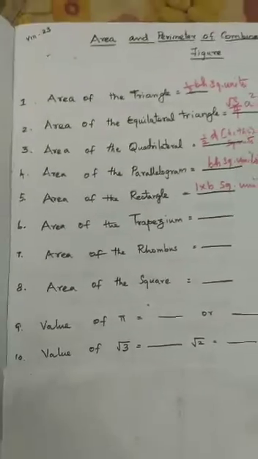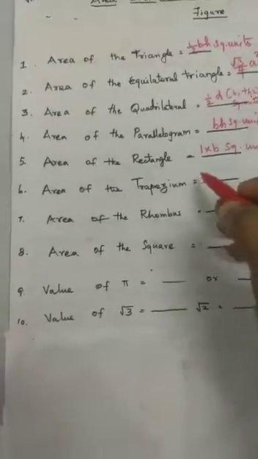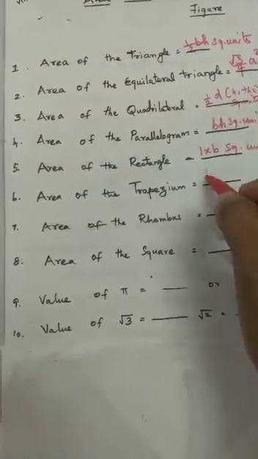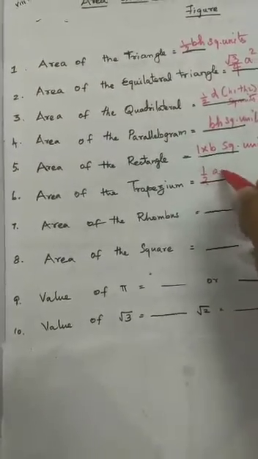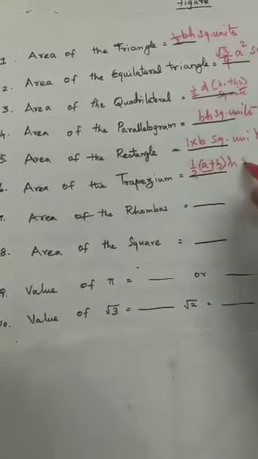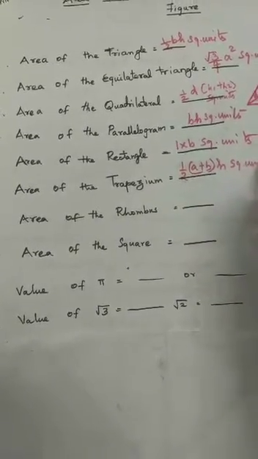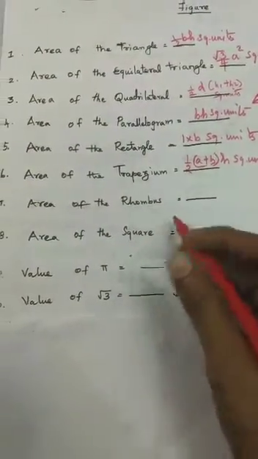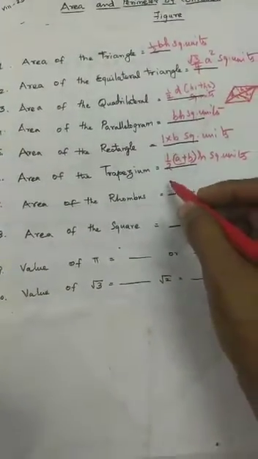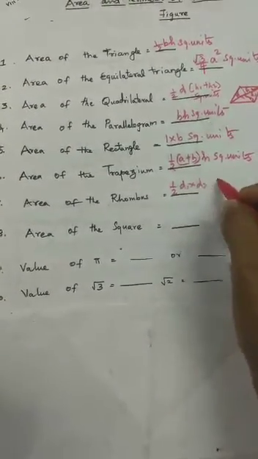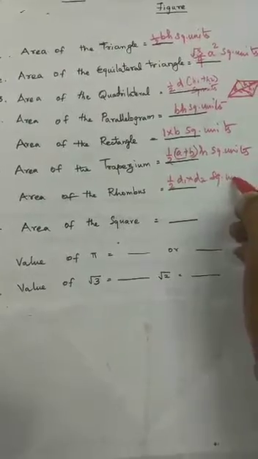Then area of a trapezium. Area of a trapezium is 1 by 2 into A plus B into H square units. Then area of the rhombus is half into D1 into D2 square units.